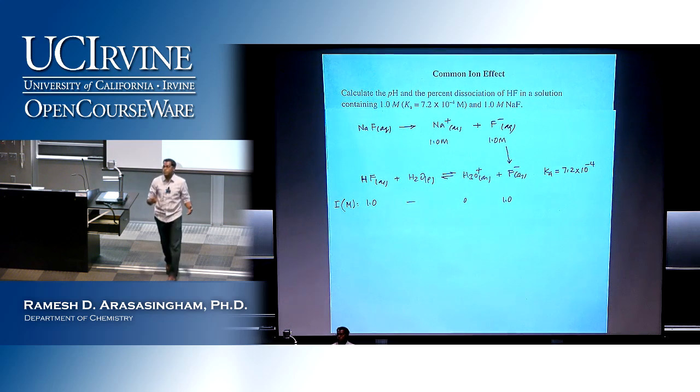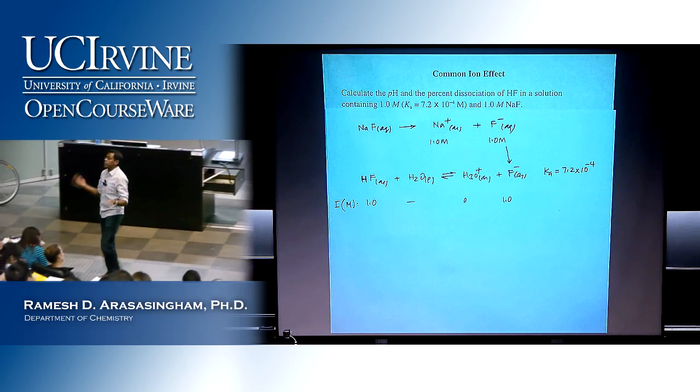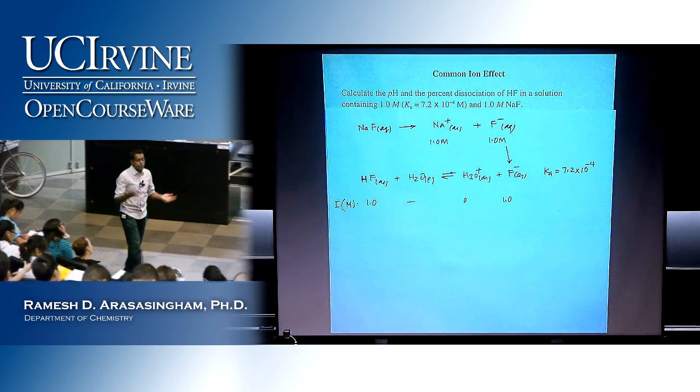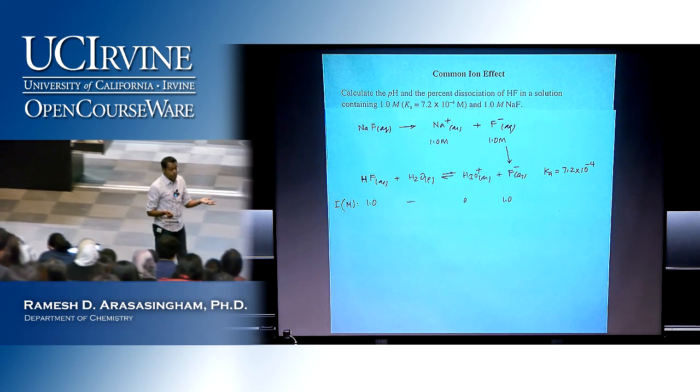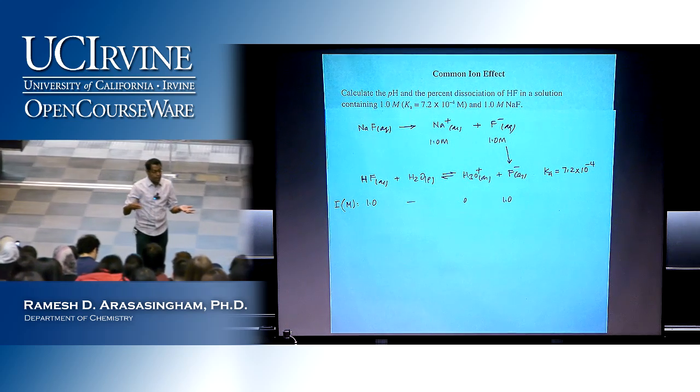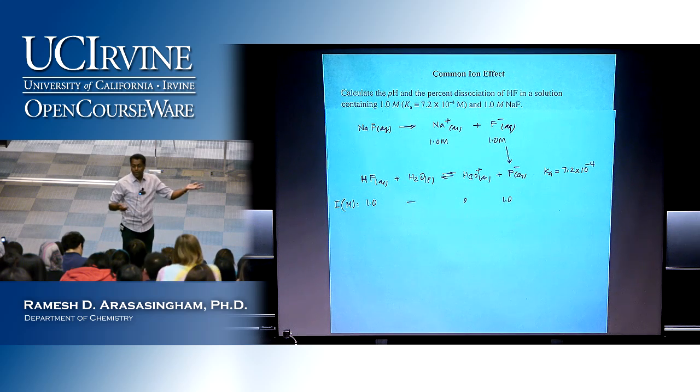This is the only difference from the previous problems where we just looked at HF in water and figured out the pH. Now not only do we have HF to begin with, but we're adding a salt that has F minus. So before equilibrium is established, we have 1 molar of the weak acid and 1 molar of the F minus ion.